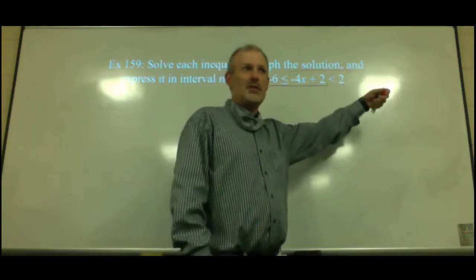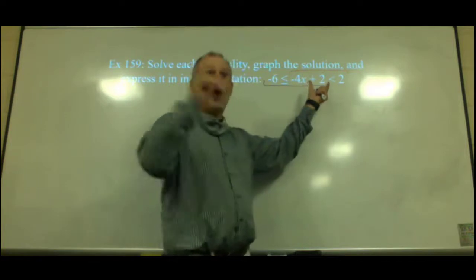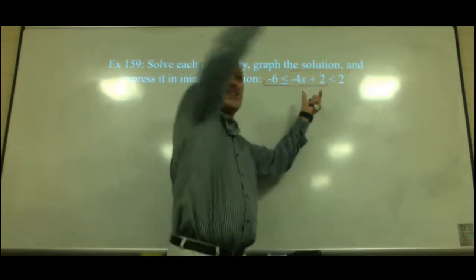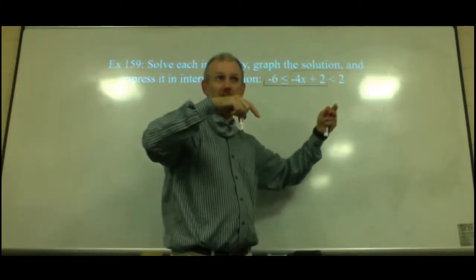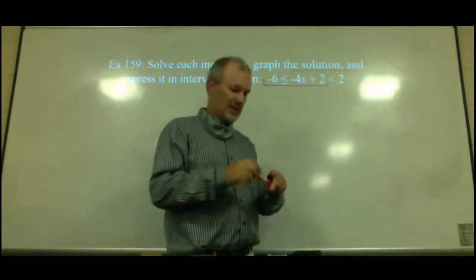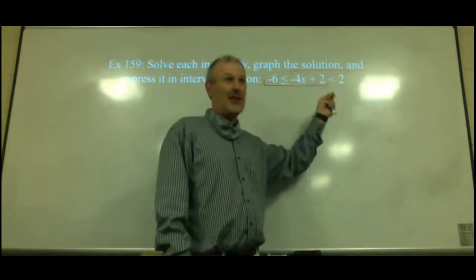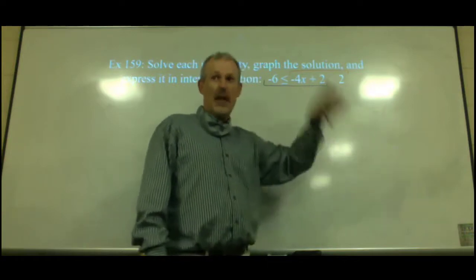So in order for this to be true, -4x plus 2 has to be both greater than the -6 and less than +2. Does that make sense? Statements that are written like this have to be and statements. You cannot write an or statement this way. So if you see it written like this, automatically and.